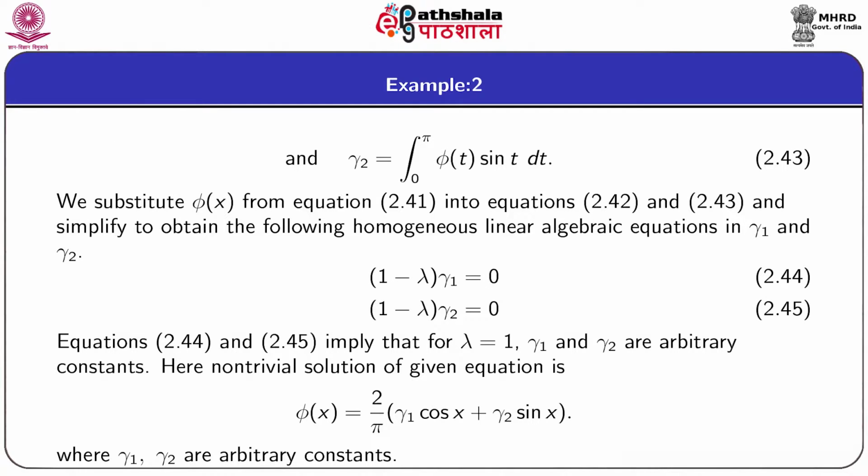So, for lambda equal to 1, if gamma 1 and gamma 2 are arbitrary constants, then we substitute gamma 1 and gamma 2 in 2.41 to obtain the non-trivial solution of the given integral equation in this form. Here gamma 2 and gamma 1 are arbitrary constants.